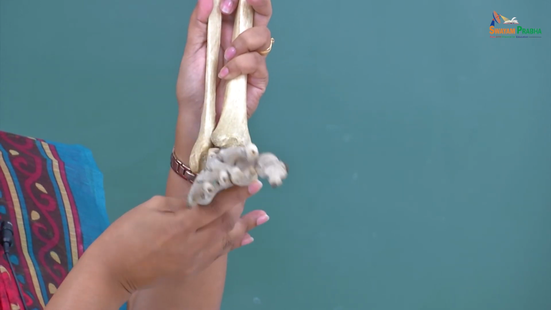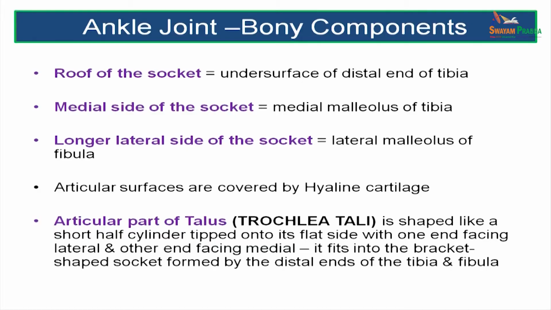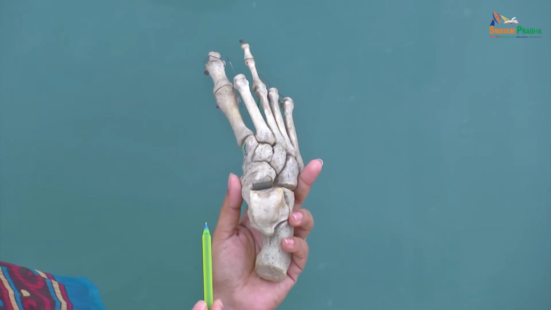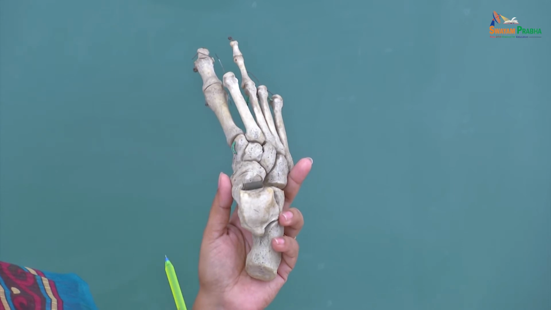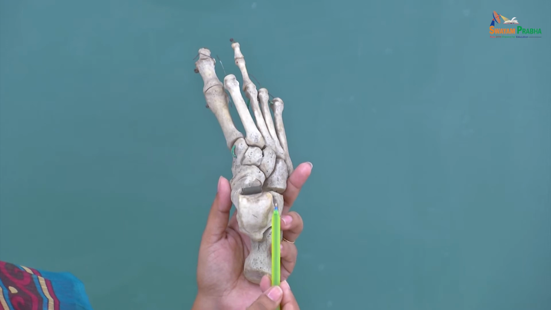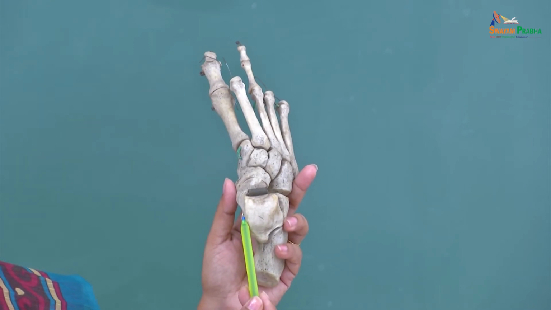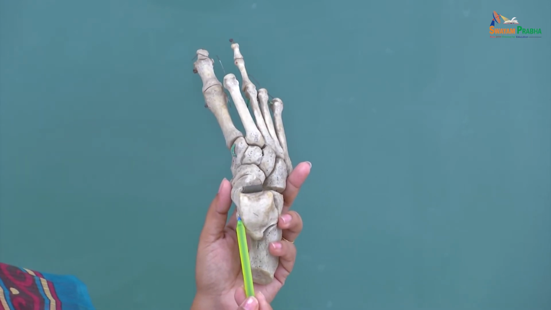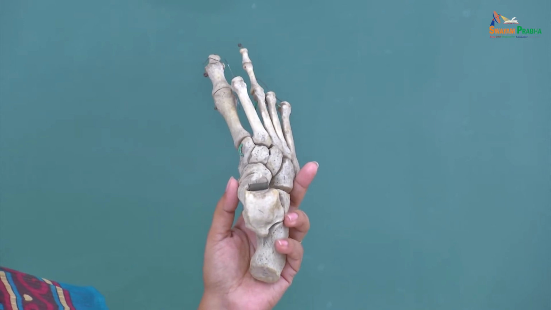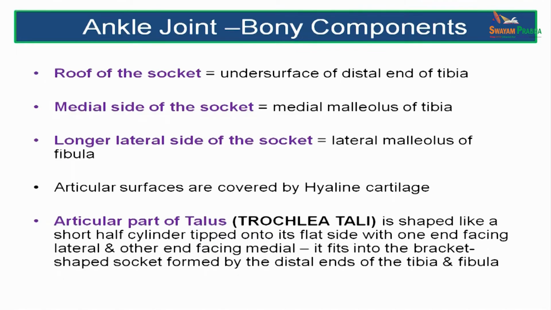around a transverse axis. The articular part of the talus is called the trochlea tali, shaped like a short half cylinder on its flat side, one end facing laterally, the other end facing medially. It fits into the bracket-shaped socket formed by the distal ends of the tibia and fibula.